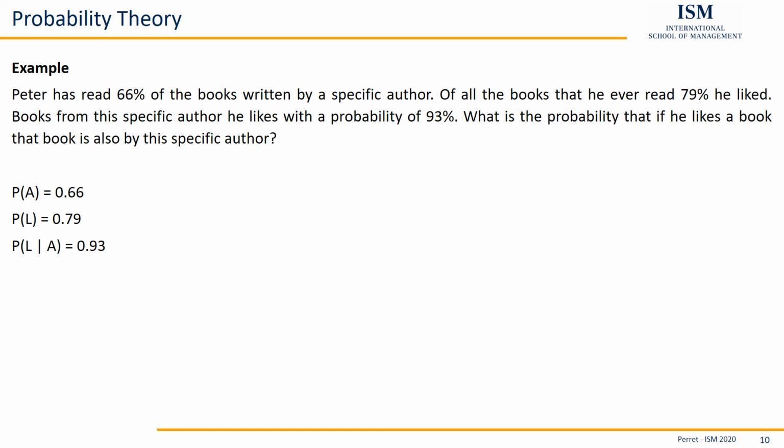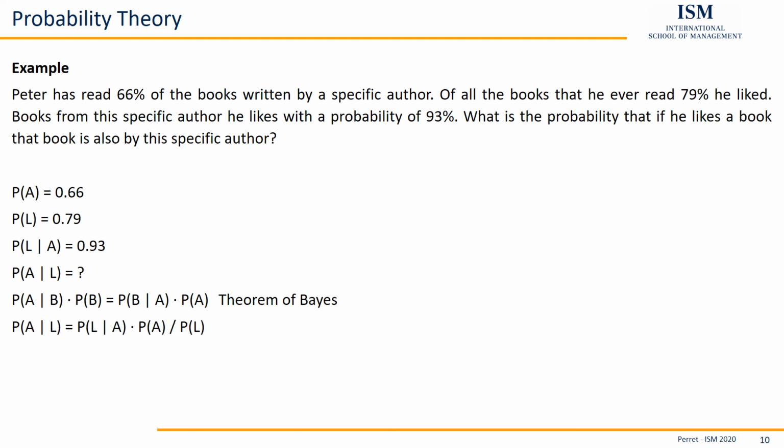Now we're basically asking, what about the opposite conditional probability? What about assuming he likes the book? What are the chances the book is from the specific author? For this, we're using the Theorem of Bayes, but we're going to divide by P of B, or in our case, P of L.